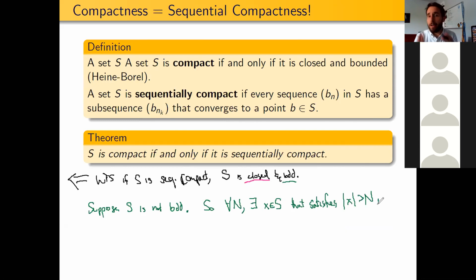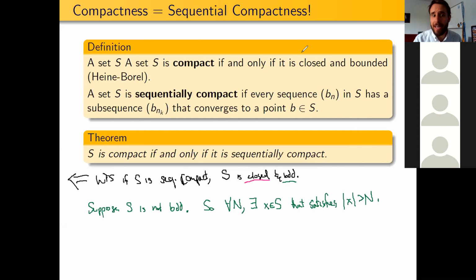Otherwise, if I could not find such an n value, then there would be some giant n that was bigger than all of the x's, and that would be a bound on my set S. So for all capital N, there exists some x value that's bigger than n.